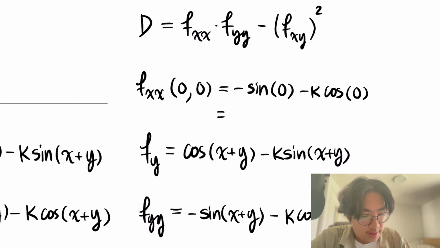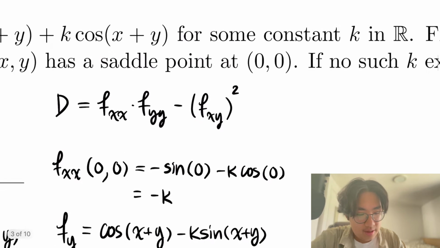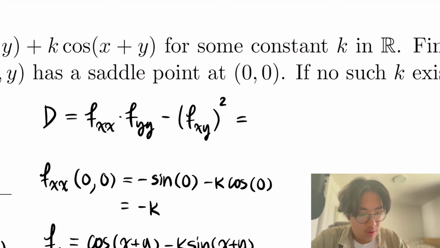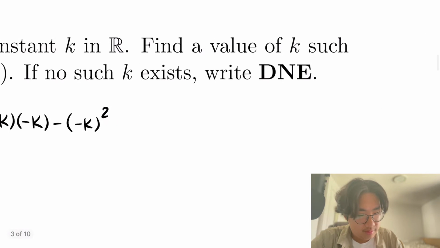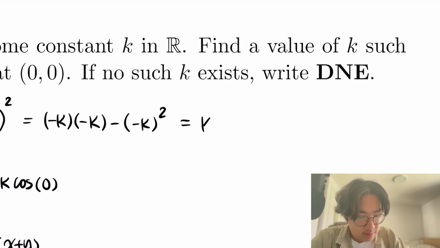We know sine of 0 goes to 0, cos of 0 goes to 1, so we're left with negative k. From here, we can plug this into our formula. So we effectively have negative k times negative k minus negative k squared, which is equal to k squared minus k squared, which is equal to 0.